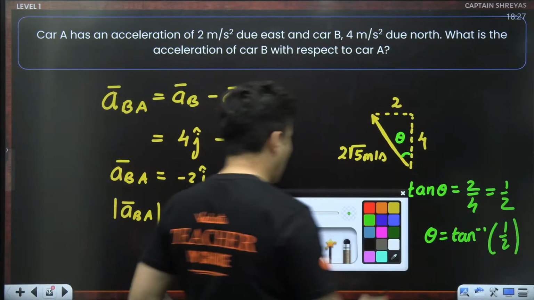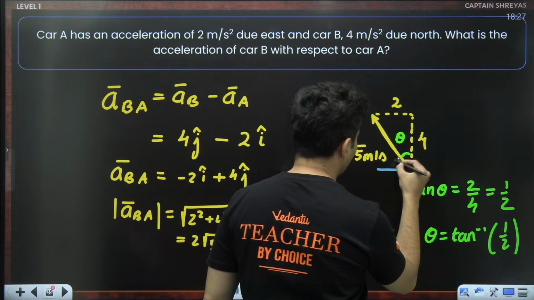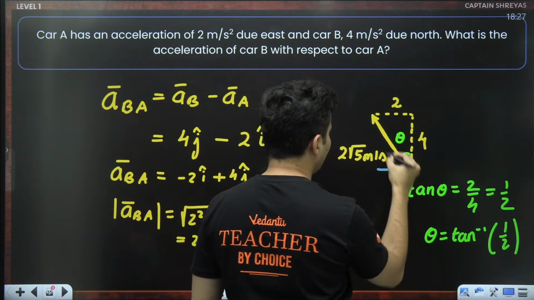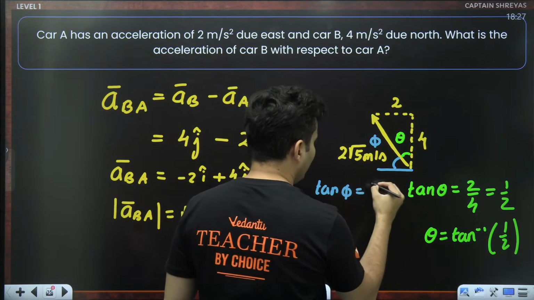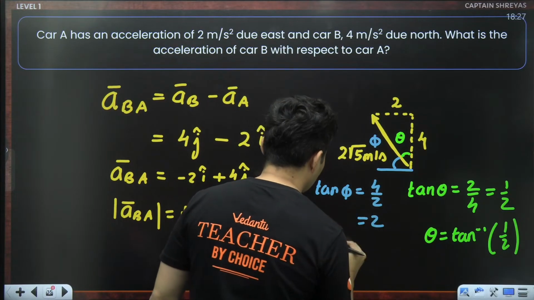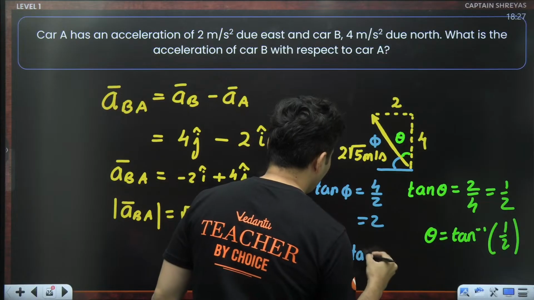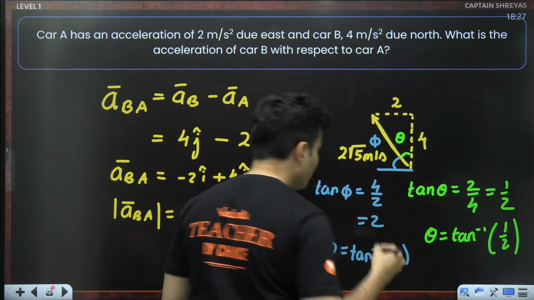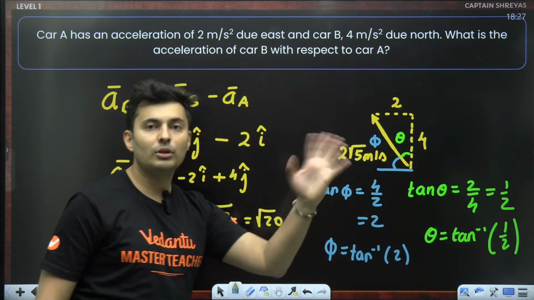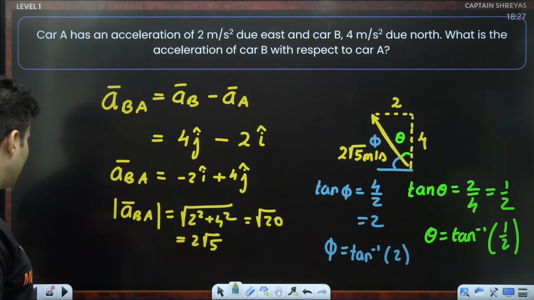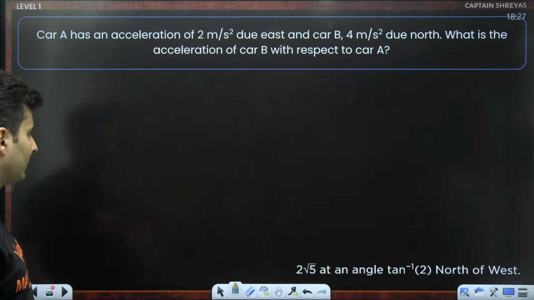If you measure the angle this way, let's call that angle phi, then tan phi will be 4 by 2, which is 2. So phi will be tan inverse of 2. You need to check the options whether it is mentioned with the west direction or with the north direction. How is the angle measured? Accordingly, both answers will be correct.